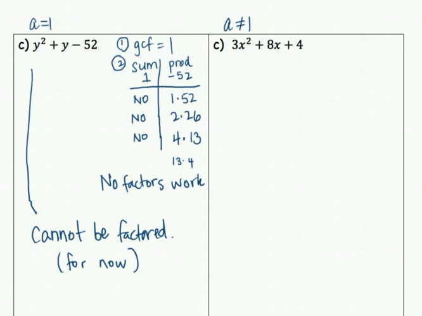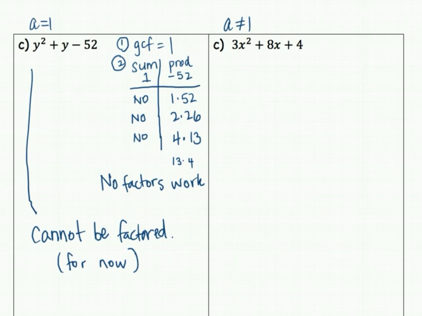Because you will find that I'm going to teach you some more tools and tricks as we progress into the other units. And you'll find that there are other methods we can use, and there are factors that work, but they end up being decimal answers. Okay? All right. So, again, don't just write cannot be factored for anything just because you get stuck.